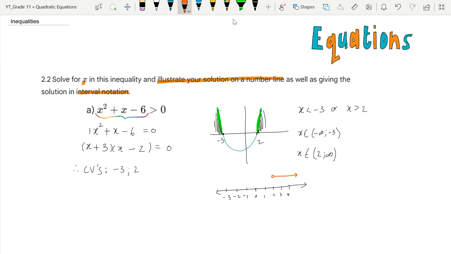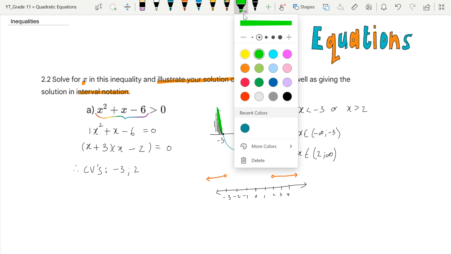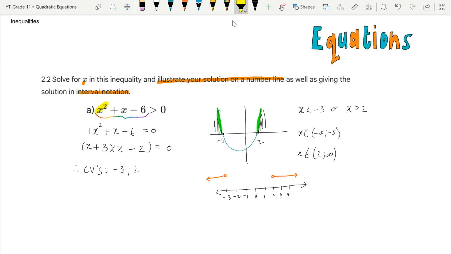Remember, it's a hollow dot because 2 is not included, but any value bigger than 2 will be included. And then a hollow dot because -3 is not included, but then any value that is smaller than that will be included. And there is your solution. Let's just quickly recap. So we had our inequality given there in its standard form.